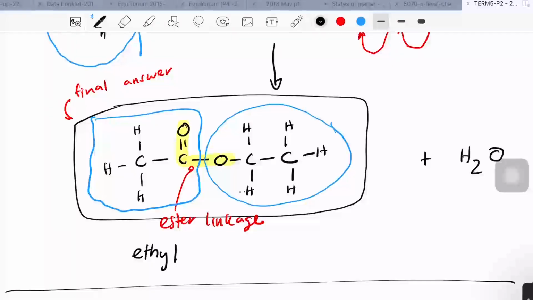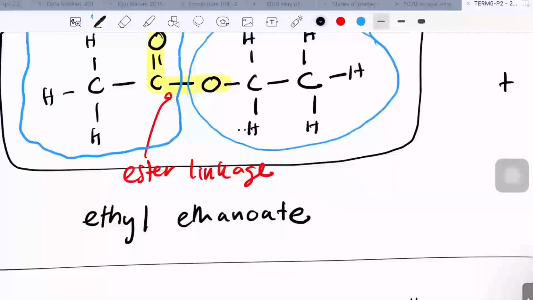Then the carboxylic part of the molecule has 2 carbons as well, 1, 2, just like the alcohol side. So when we write the name at the end, we write ethanoate. Ethyl ethanoate.